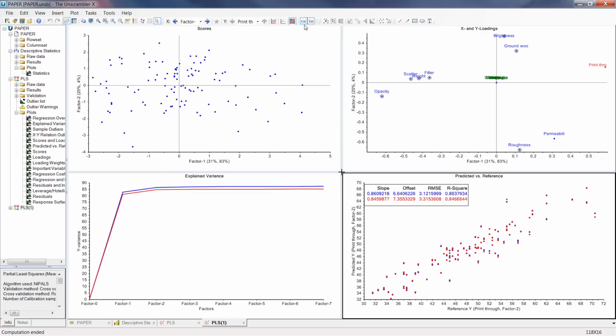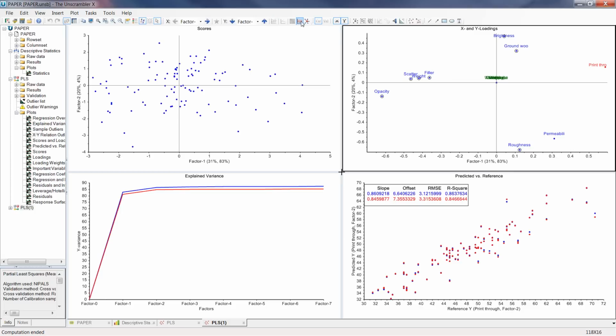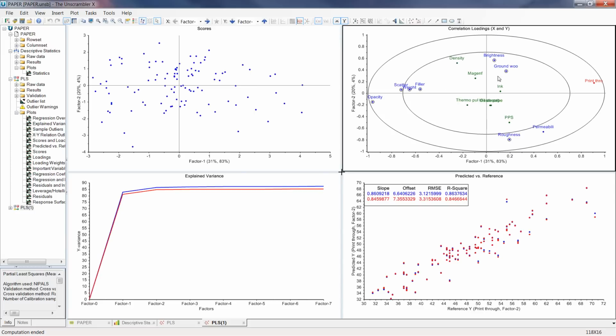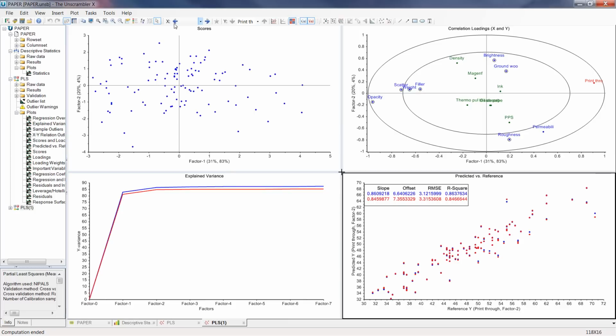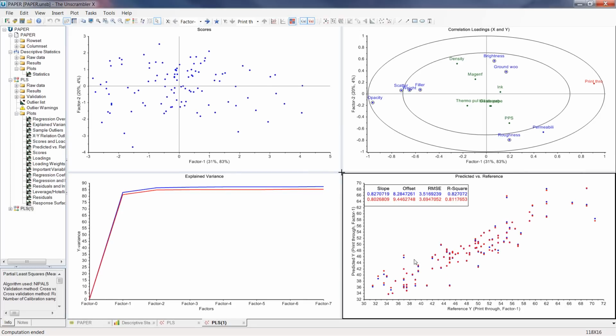And if we look at the correlations plots again, we can interpret where these fall into space. Again, the opacity is a key factor, anti-correlated with the print through and the scatter and the weight, and a little bit of the roughness and the permeability. But you could actually probably get away with a one-factor model here because you still have a very good RMSE and R-squared with this particular data.